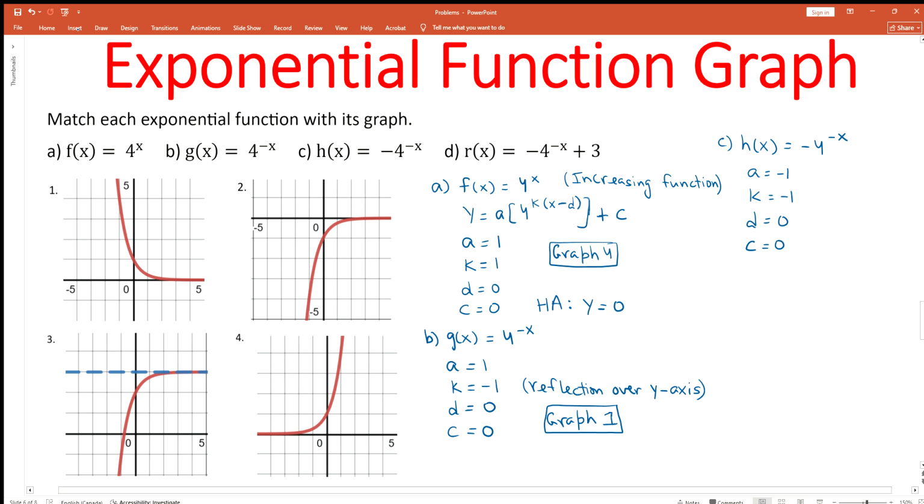So we can see that the difference between the equation in part C and the equation in part B is that the a value has changed from 1 to -1. As you may know, if a is equal to -1, there is reflection over the x-axis.